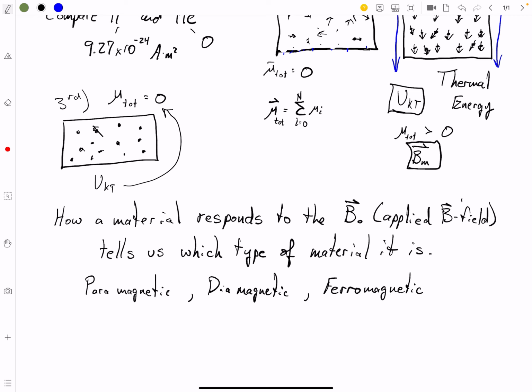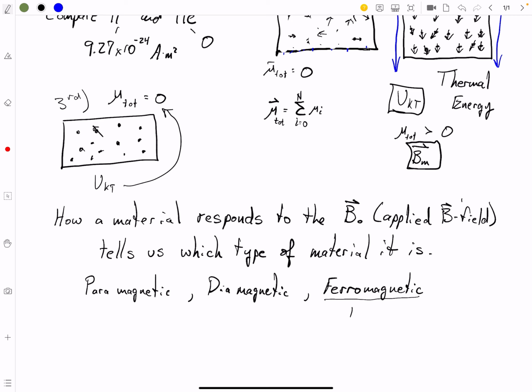And we're going to save ferromagnetic for last because it's more fun. But more than that, ferromagnetic is simply paramagnetic with a plus, okay?